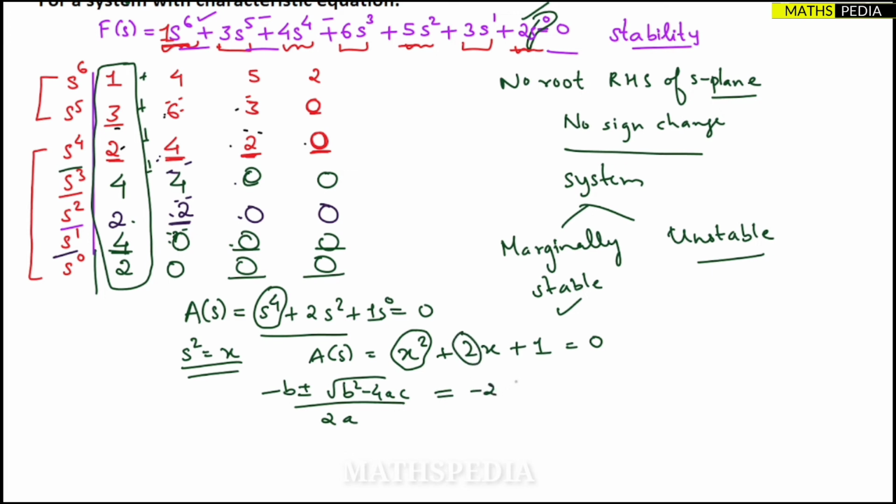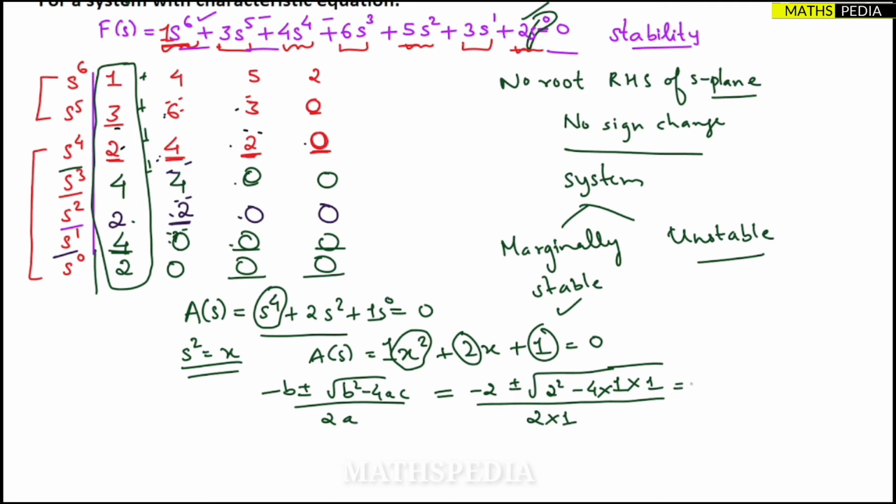So minus 2 plus or minus square root of b square, so 2 square, minus 4 into a value, which is 1, into c, which is 1, nothing but this constant, divided by 2 into the coefficient of x square, that is 1.